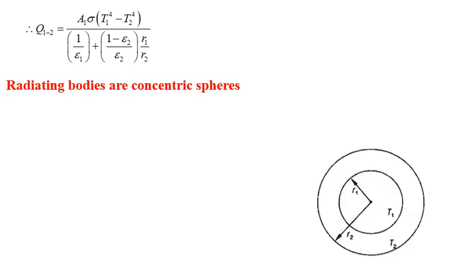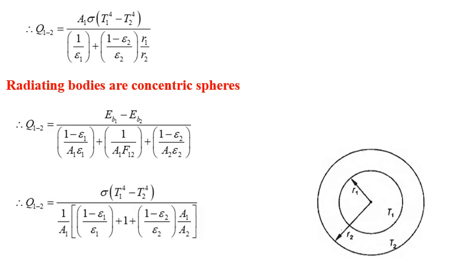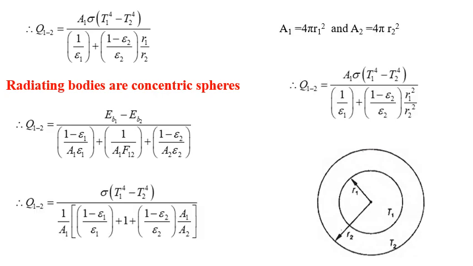Similarly, for radiating bodies or concentric spheres, we can write like this. Q1-2 is equal to A1 sigma (T1 to the power 4 minus T2 to the power 4) divided by 1 by epsilon 1 plus (1 minus epsilon 2) divided by epsilon 2 into R1 square by R2 square.